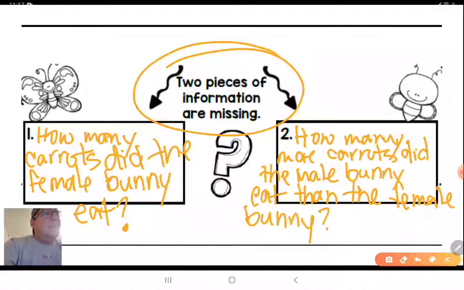Okay, how many more carrots did the male bunny eat than the female bunny? So basically, that's the last part of the question. That's the main result, right?